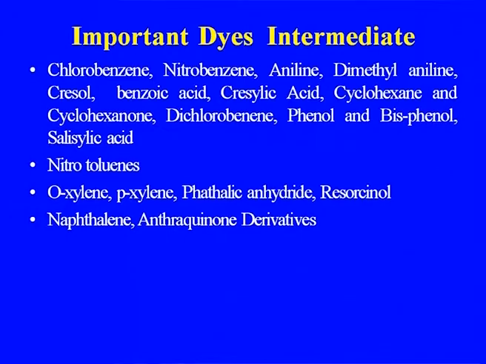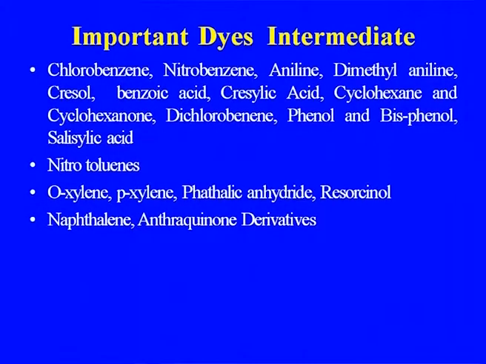Salicylic acid is also a product we are getting from aniline. Although a huge amount of salicylic acid is used in medicine for making aspirin, some uses of salicylic acid are also there as a dye intermediate.